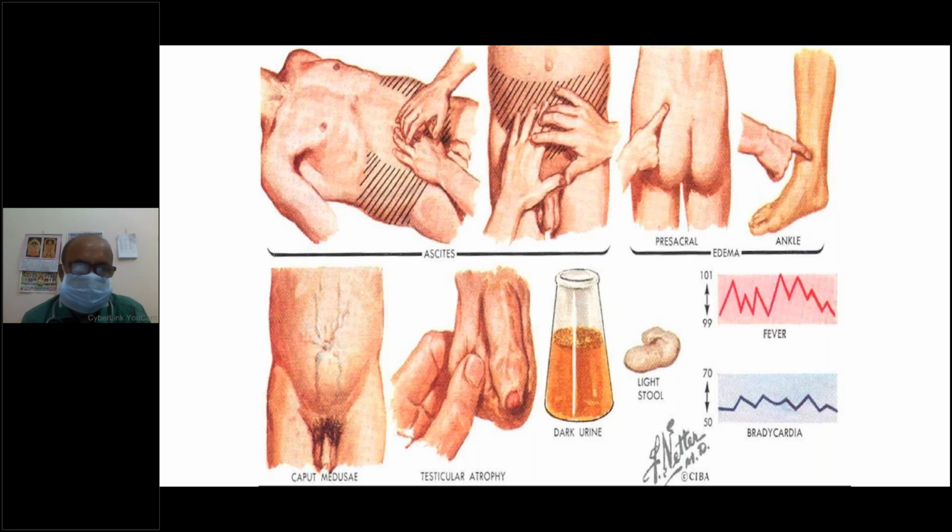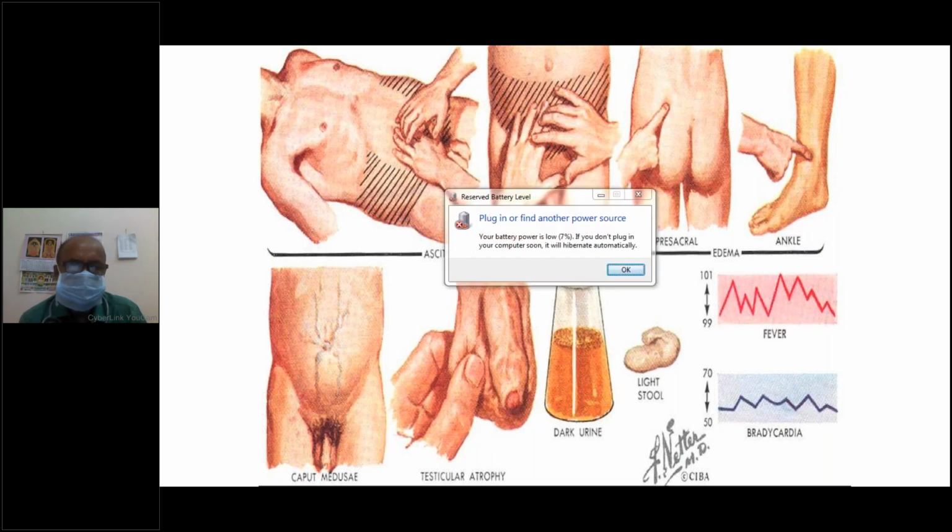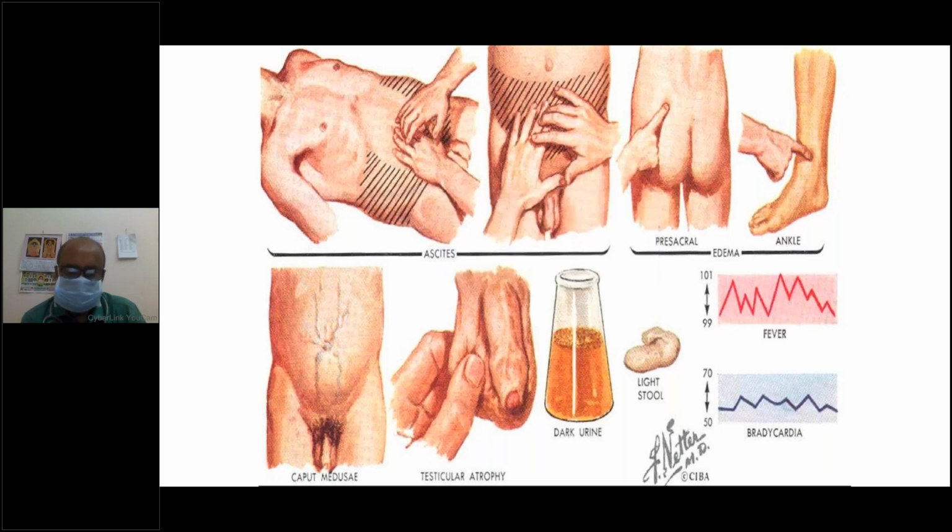You have to percuss to your side. While doing so, definitely you will appreciate the change in percussion note from the hypertympanic to dull note on your side, towards your side, away from the umbilicus.